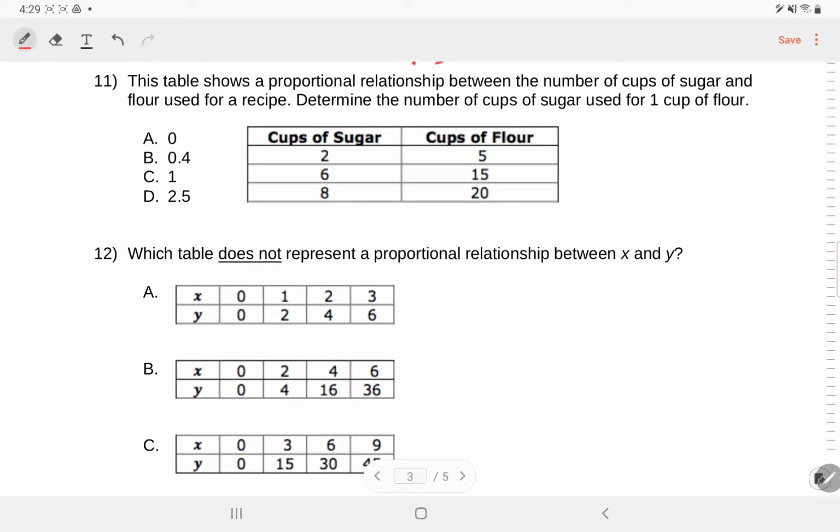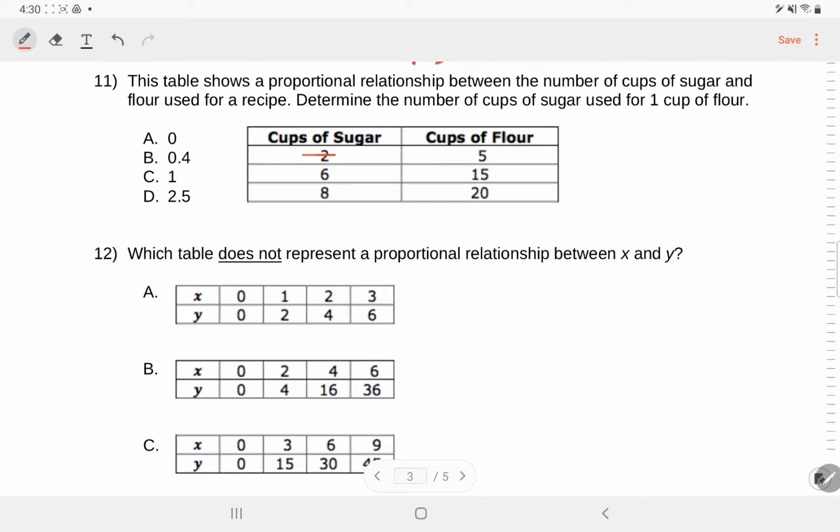For number 11, this table shows a proportional relationship between the number of cups of sugar and flour used for a recipe. Determine the number of cups of sugar used for 1 cup of flour. Okay, they give us a table right here where we know that there's 2 cups of sugar, 5 cups of flour, 6 cups of sugar, 15 cups of flour, and 8 cups of sugar, 20 cups of flour. So we can see here that there's a scale factor going on.